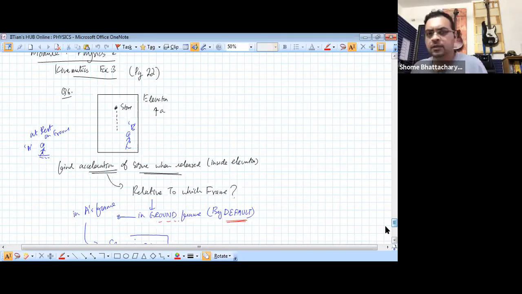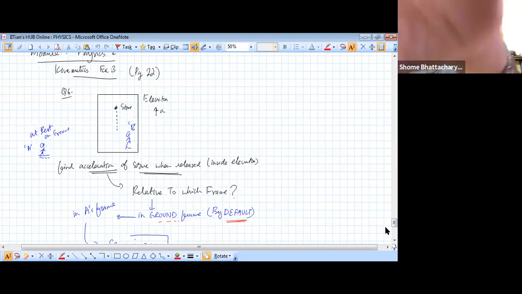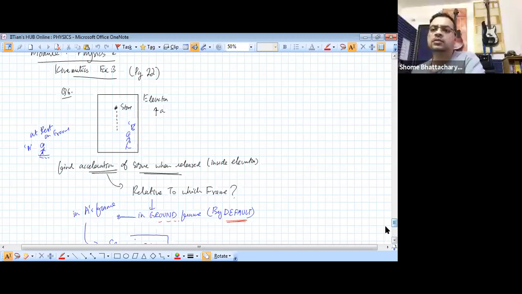Then we'll do the 7th question next after this. Now, the 7th question is a question which is just about vertical motion. It's not a relative motion question. It's a question based on motion under gravity.